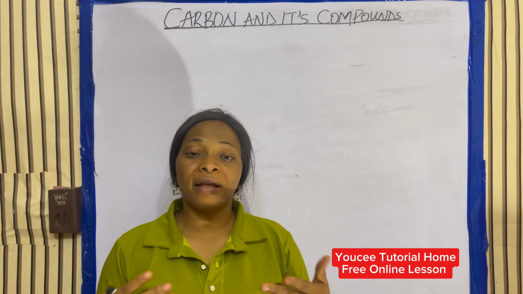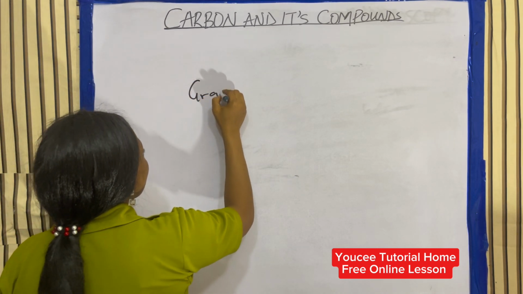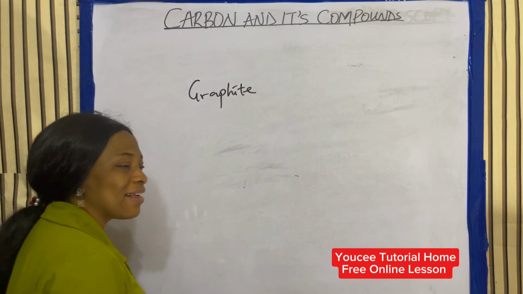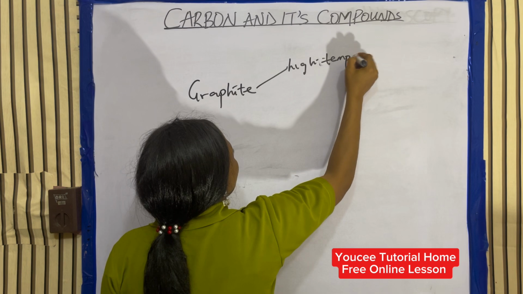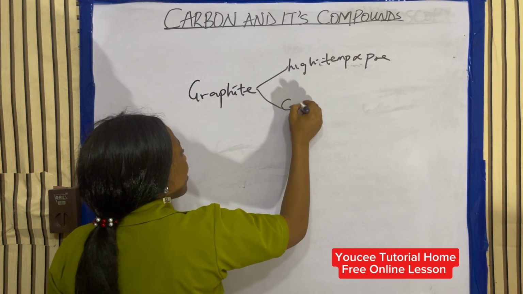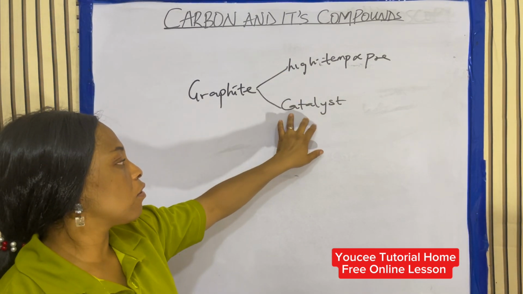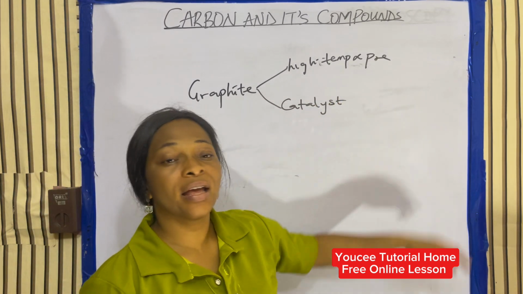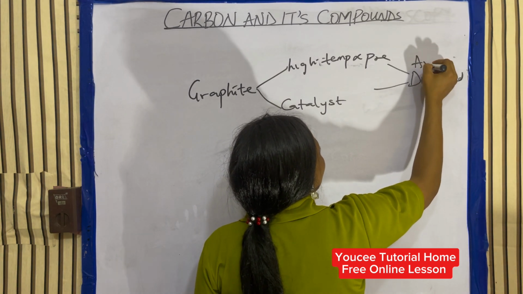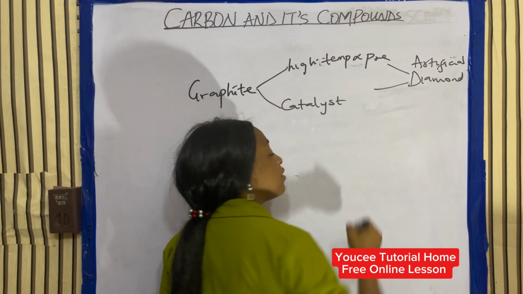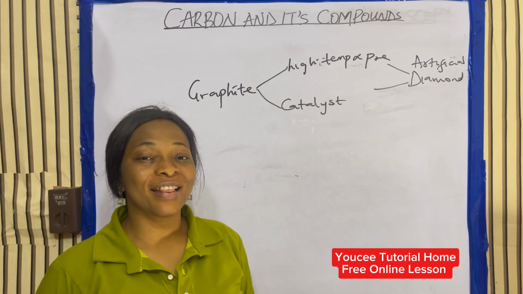Artificial diamond is produced by subjecting graphite to a very high temperature and pressure in the presence of a catalyst. The end product will be a diamond, and we call it artificial diamond. This is how artificial diamond is produced.